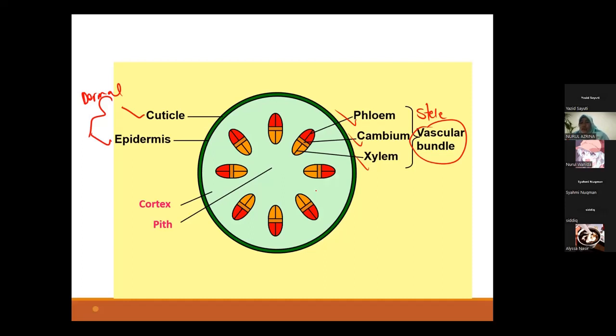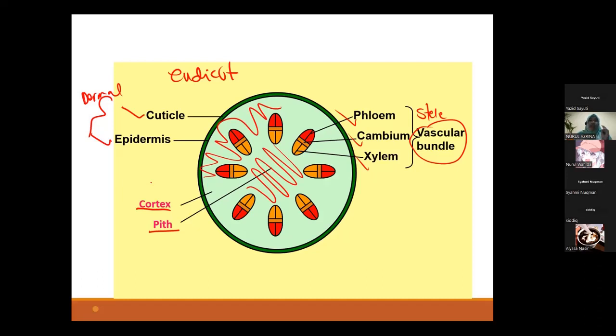The ground tissue of eudicote is divided into two, which are pith and also cortex. So which one is pith, which one is cortex? Pith is located internal to the vascular tissue. Dia duduk kawasan yang belah dalam ni. So ini kita panggil sebagai pith. Alright? And yang duduk bahagian luar ni, celah-celah ni, ini kita panggil cortex. External to the vascular tissue.